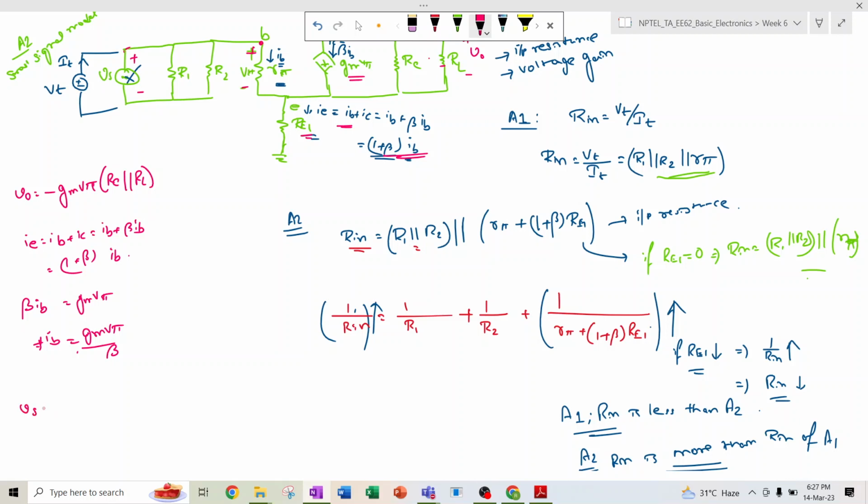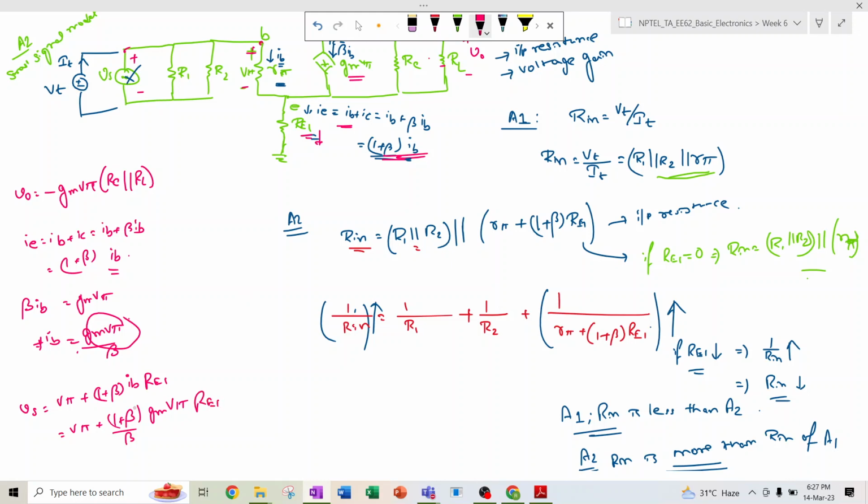V pi plus this IB, which we have already derived as GM V pi by beta. So Vs is V pi plus (1 plus beta) into GM V pi divided by beta, into RE1, because it is voltage and this much current is flowing through RE1.